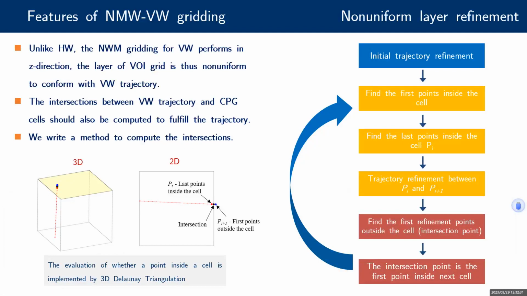Unlike horizontal wells, the near-wellbore gridding for vertical wells is performed in the Z direction. The layers of the well grid are non-uniform to conform with the vertical trajectory.